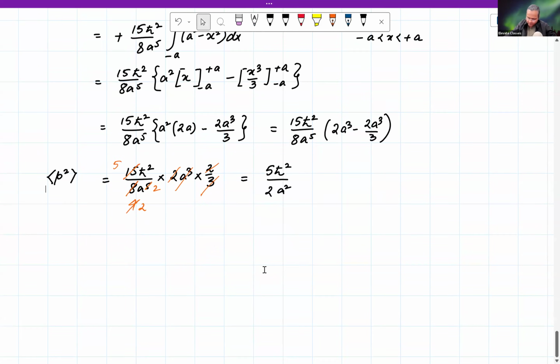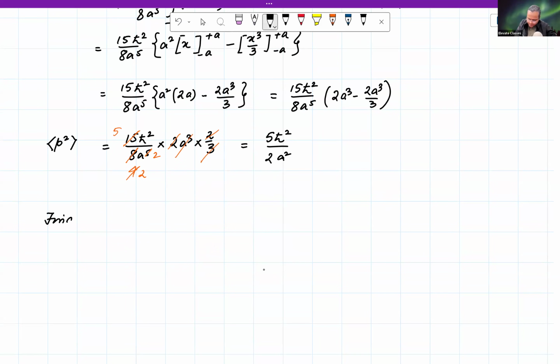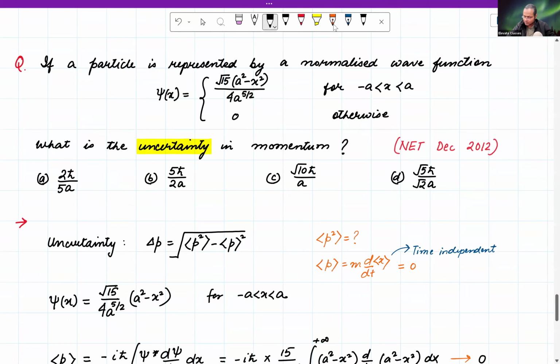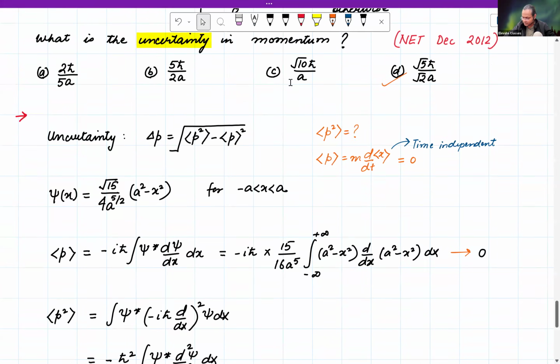So therefore, finally, we can calculate the uncertainty associated with p, which is nothing but 5h cross square upon 2a square root over, therefore root 5 upon 2 h cross upon a. This is the answer. Root 5h cross upon root 2a. This is the answer. Okay.